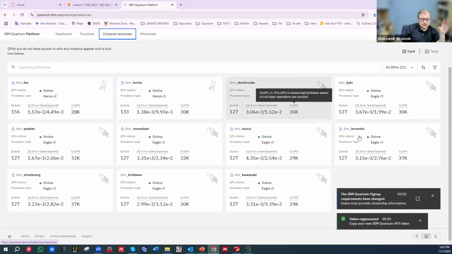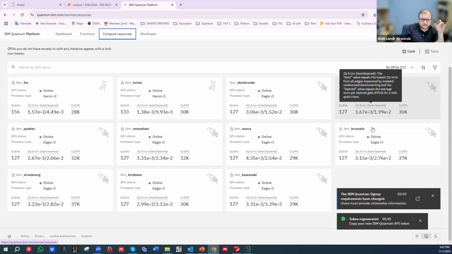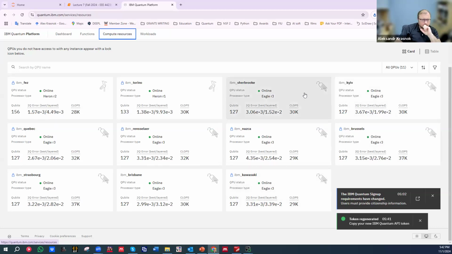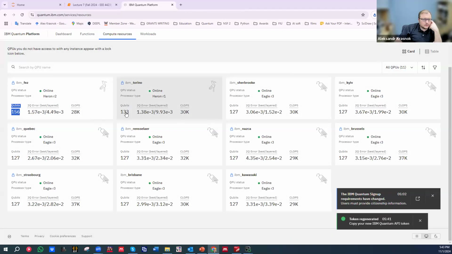You will see different computers, different backends here. All of these are quantum computers with the number of qubits indicated here. This one, for example, has 156, this one is 133.